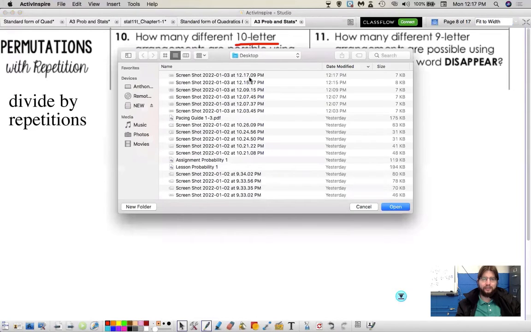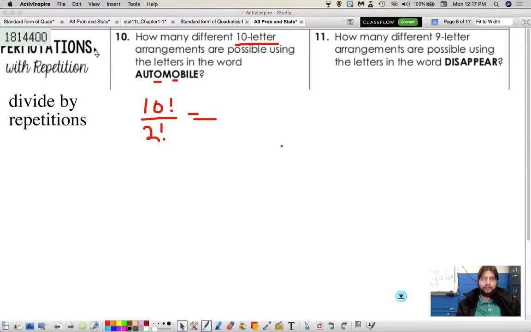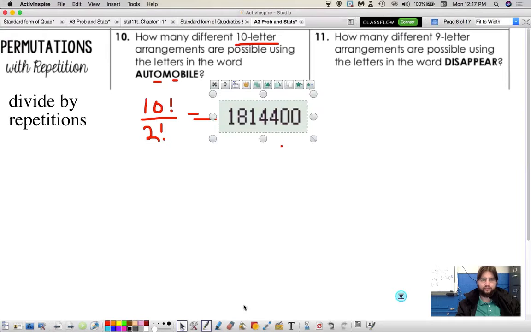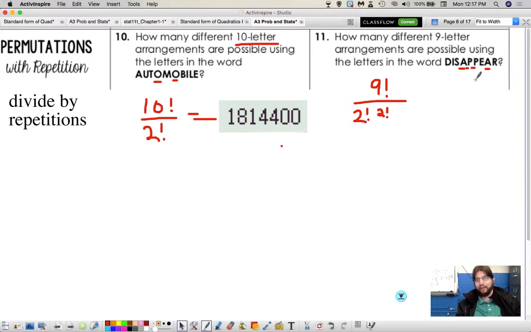If you look at the next word, disappear, we've got 2 different repetitions. We've got 2 P's, we've got 2 A's. And it's 9 letters. So we got 9 factorial over A, we've got 2 of them, so 2 factorial. P, we got 2 of them, so 2 factorial. Let's say we had like 3 P's or something.